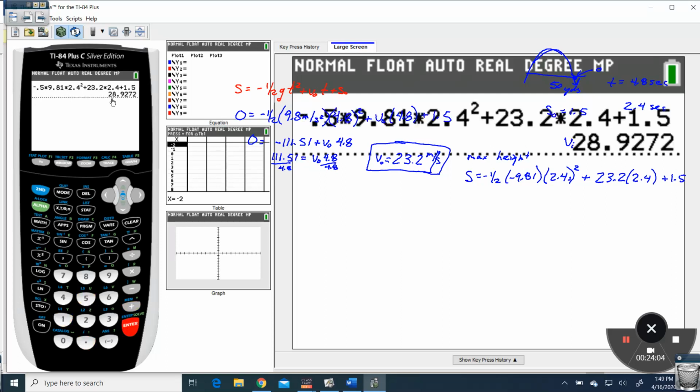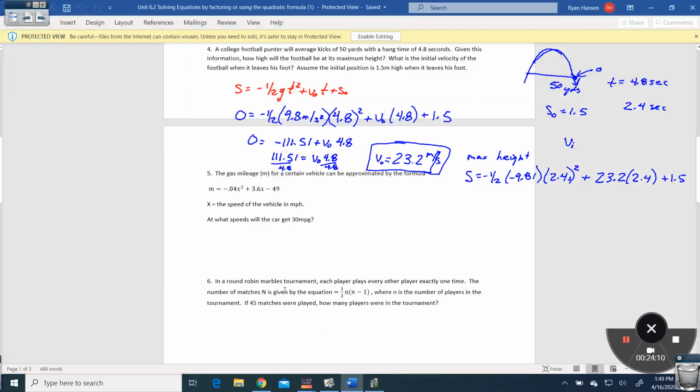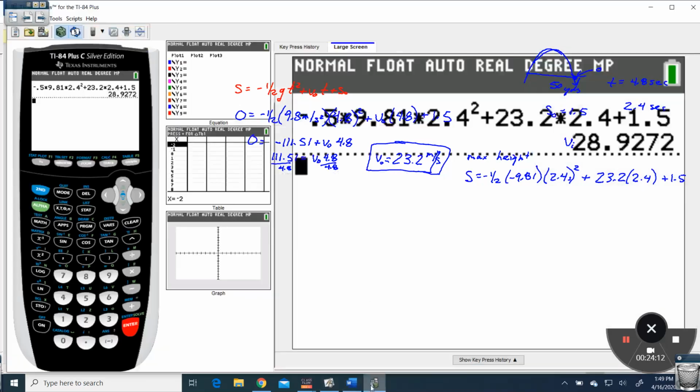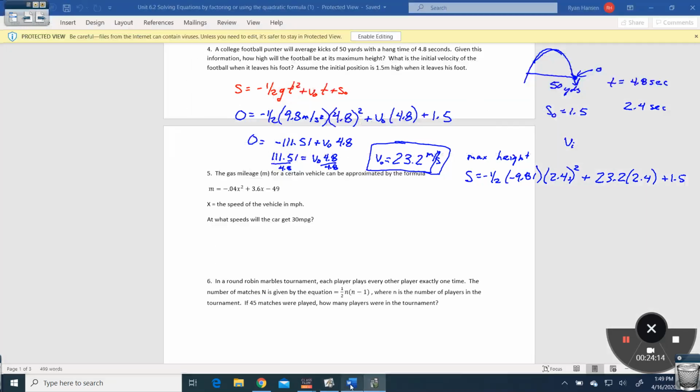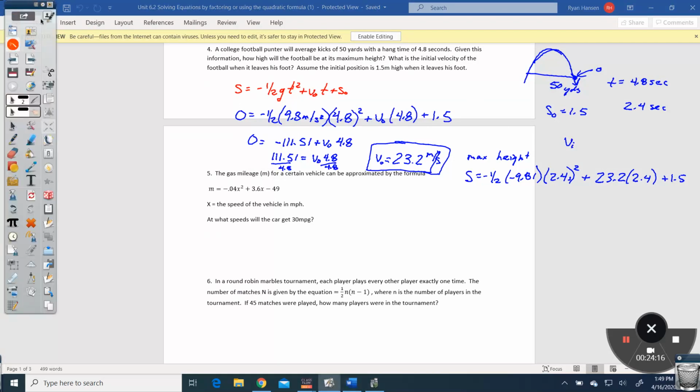So the maximum height is 28.93 meters. Because remember, we're not in feet, we're in meters. So 28.9 meters. That's going to be the maximum height based on this formula.